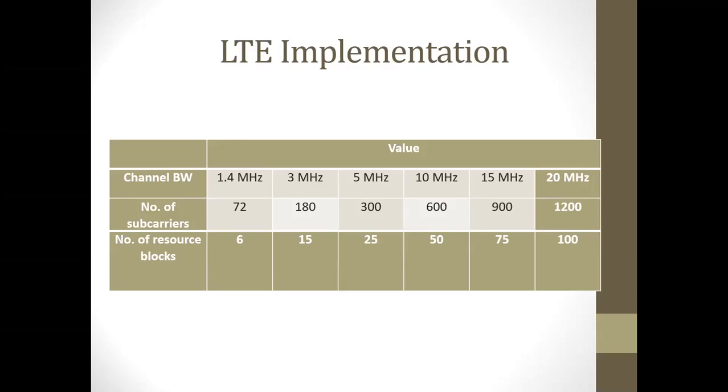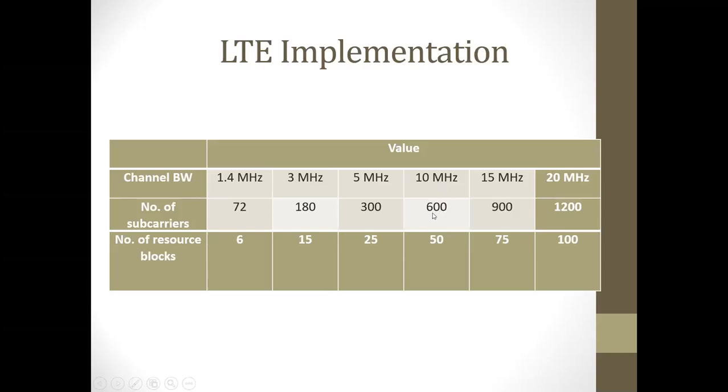You can change the number of subcarriers, allowing a small guard band at the two sides. The spacing is 15 kilohertz, so probably you can check, multiply, and the total will be close to 10.